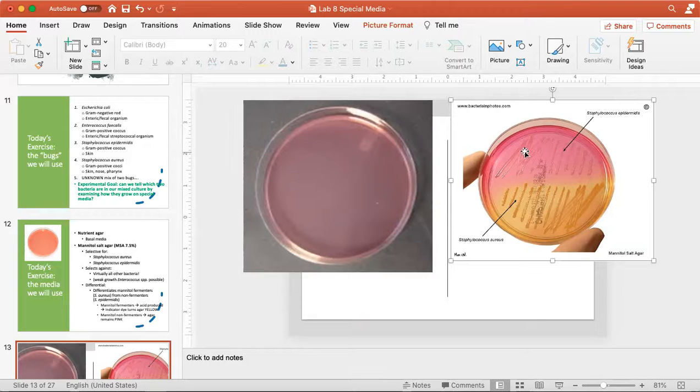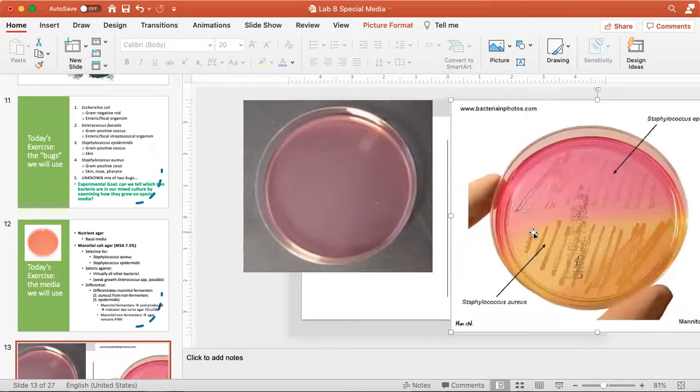There's growth on both sides of the plate, isn't there? I can see this sort of dark or darker yellow color where the cells are growing. I don't see colonies, I see these streak lines. There's lots and lots and lots of cells growing on these lines. So no individual colonies here, but I wasn't trying to grow individual colonies.